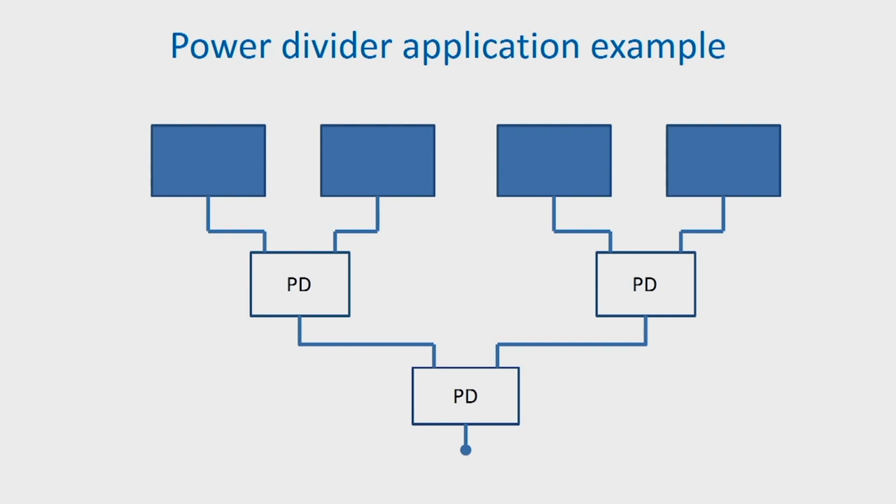So, what we can do? We can equally split the power between the two output ports, and we maintain the same phase, and then we go for a second level of splitting, and in this manner we have been able to split the power and excite individual antenna elements.